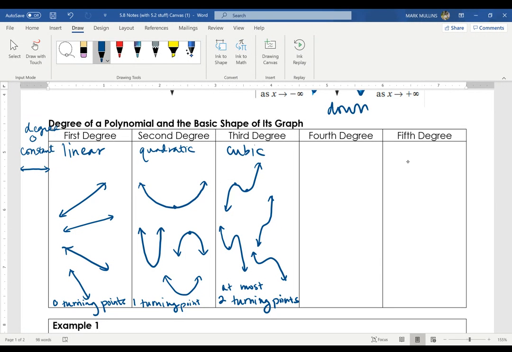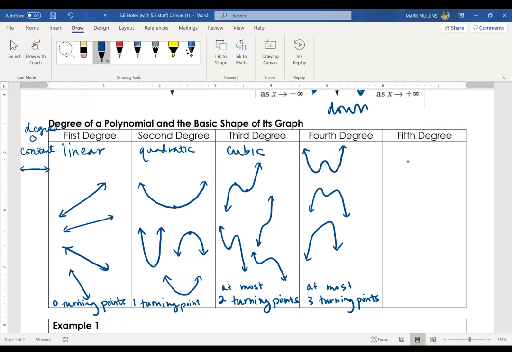When we look at fourth degree, that will be at most 3 turning points. So if it's positive and both ends are up, we'd have 1, 2, 3, something like that, kind of like a W. Or it could be a negative, so it's upside down. It could be more like this, where it almost is like a straight line between those two.